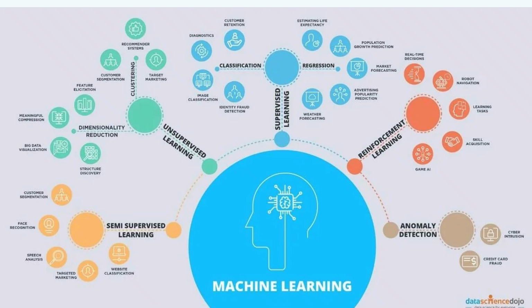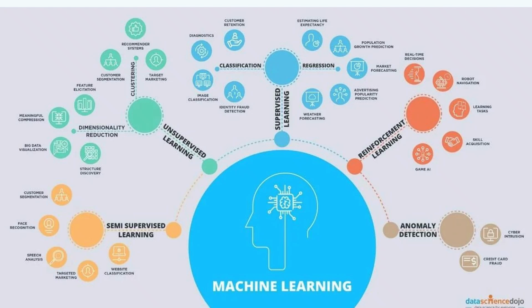So we see here the one in the middle, machine learning, and different groups within machine learning. You will hear a lot about supervised learning, unsupervised learning, or even semi-supervised learning, and reinforcement learning.